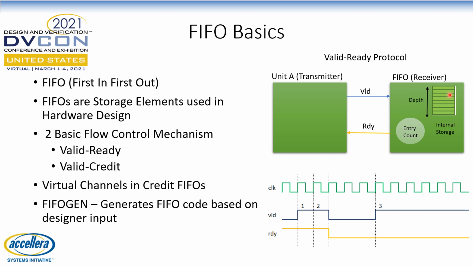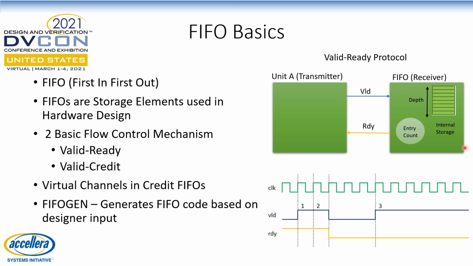Whenever the storage gets full, the FIFO cannot accept any more packets, otherwise it will cause overflow. To prevent overflow, there are two basic flow control mechanisms by which the FIFO tells the sender that it cannot accept any more. One of them is the valid ready protocol, the other one is the valid credit protocol. We're going to go over the valid ready and the credit protocols very quickly.